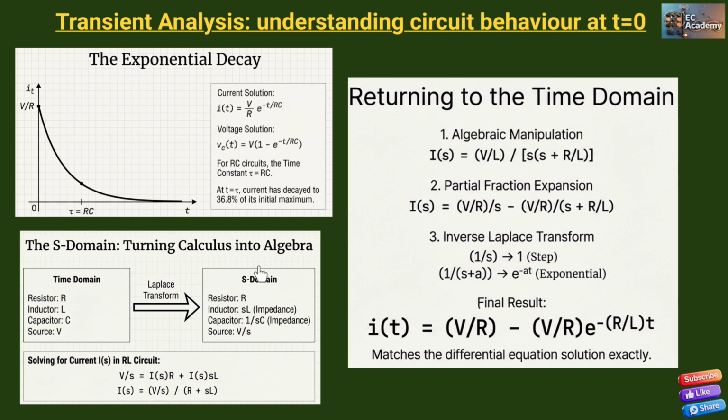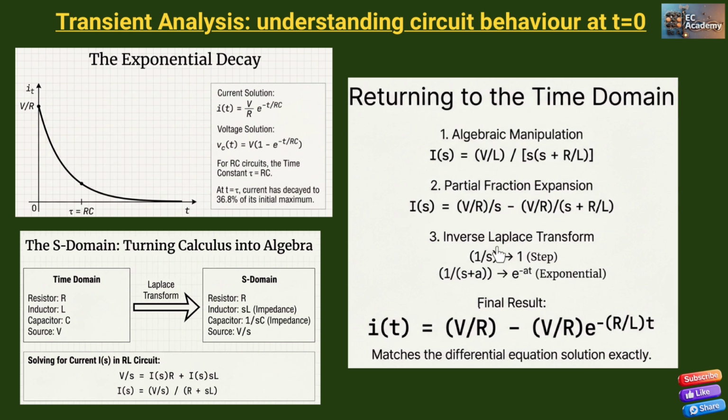So this allows us to solve the current equation I of S is equal to V by S divided by R plus SL by using basic algebra. This shows the steps used for solving the equation in S domain. First, we'll go with the equation obtained using S domain. For this, we'll apply partial fractions.